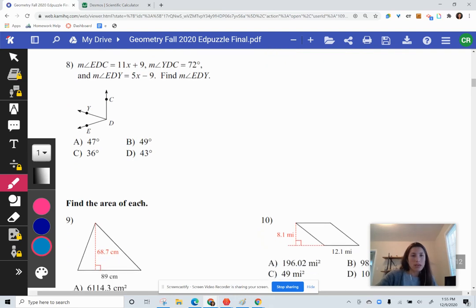Okay, on question 8, we're still going to be doing some angle addition. Let's start with EDC. That's this entire angle, EDC. Trace from E to D to C. That's going to be 11x plus 9. And then we've got EDY. That's going to be 5x minus 9.